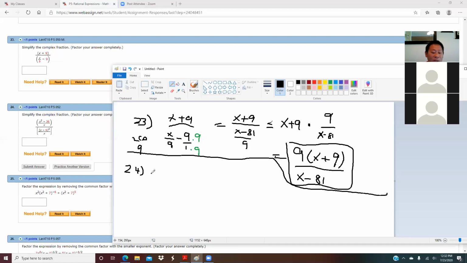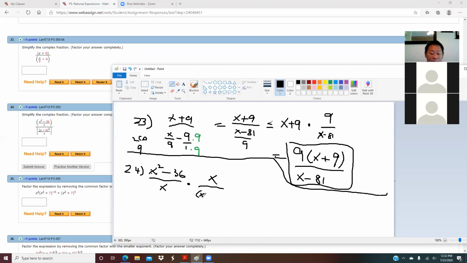So what you do here is you just need to take the division, change it to multiplication, and then flip-flop the denominator. So that is a long division. I'll change it to multiplication, and then I flip-flop the denominator.